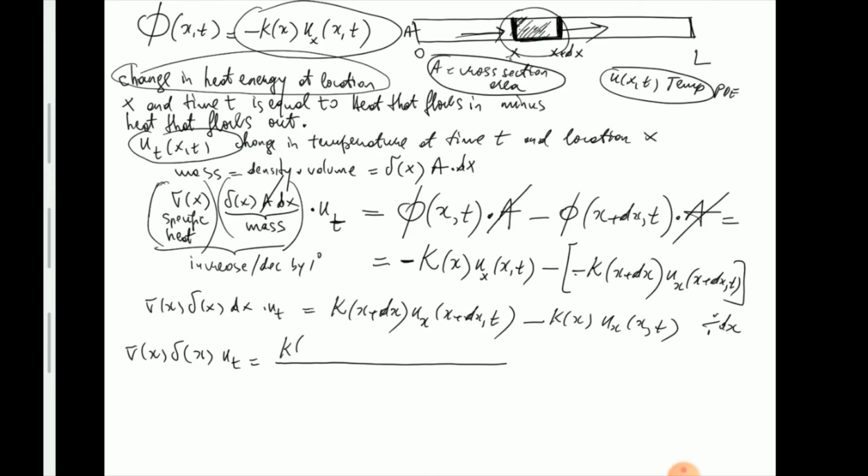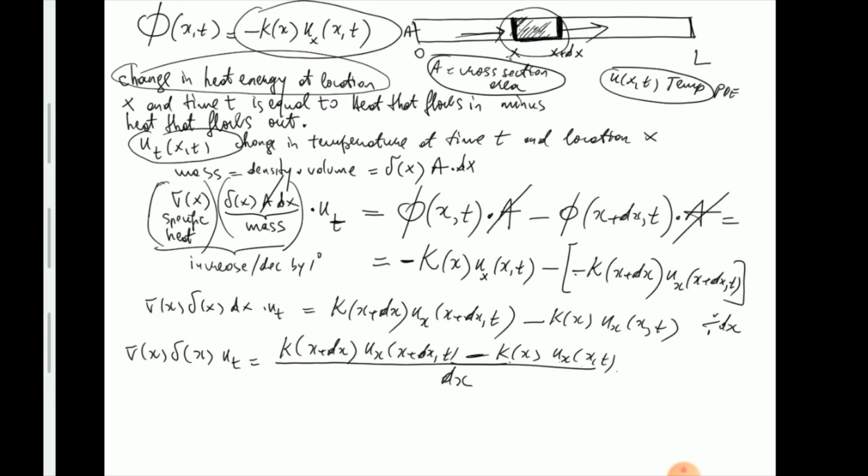So k(x + dx) u_x(x + dx, t) minus k(x) u_x(x, t), over dx. If you look carefully, this is a difference quotient for the function k(x) u_x(x, t).